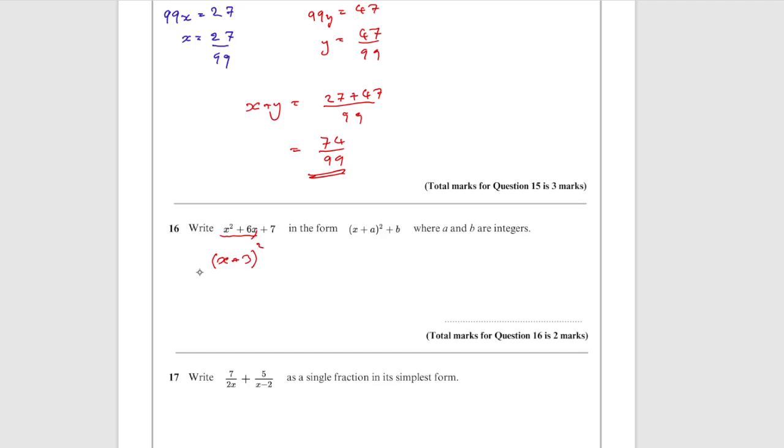That will give us x squared plus 6x plus 9, so I need to subtract 9 to get it the same as x squared plus 6x, and then I've still got a plus 7, which is the second part. So that's going to create x plus 3 all squared minus 2. So there we go. X plus 3 all squared minus 2.